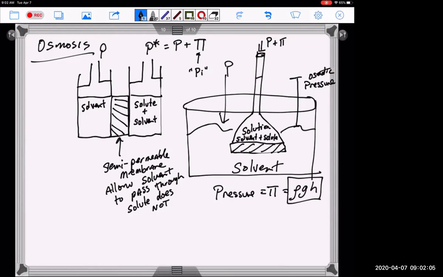We could relate it to, and this is very common in manometers when you're looking at different pressures where one side's evacuated. The old way they used to measure pressures would be through manometers, looking at the difference in height of mercury in tubes or alcohol, where you could look at the different pressures exerted on a liquid through using this formula of rho g h.